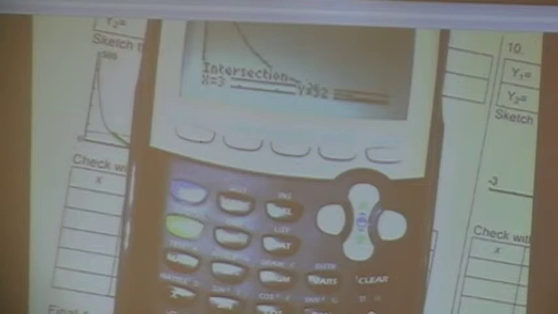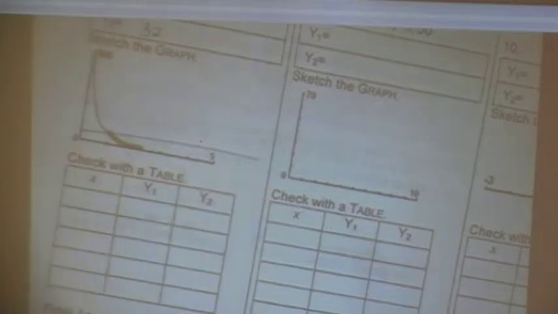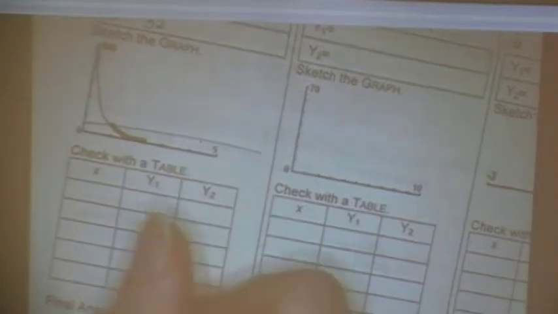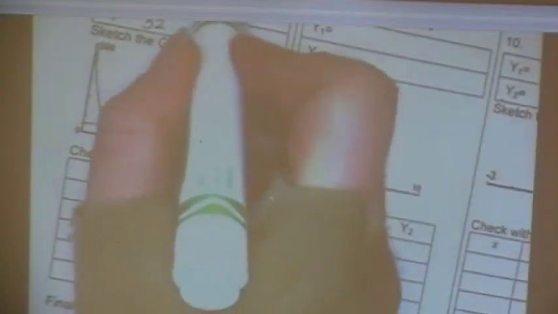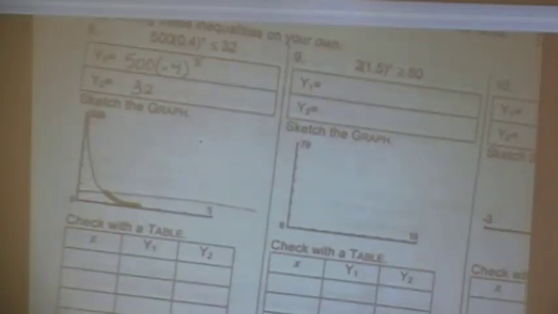And if you look at your picture, it's from 3 to infinity. So your actual answer is 3 included, because it said it gets to equal 32. It's less than or equal to 32.